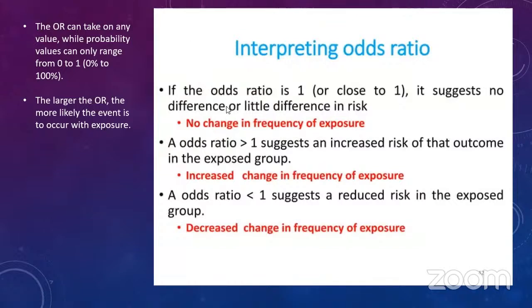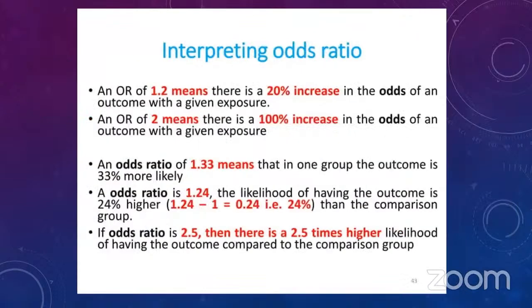Like how we interpret a hazard ratio, if the odds ratio is 1 or close to 1, it suggests no change in the frequency of exposure. That is, there is no correlation between the exposure and the suspected disease. With an odds ratio greater than 1, there is a higher chance of disease happening in the exposed group, and an odds ratio less than 1 suggests a reduced risk.